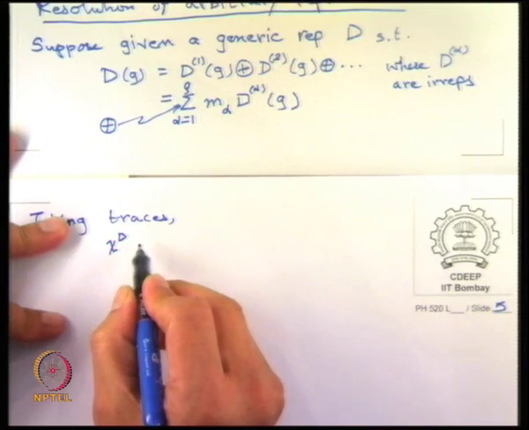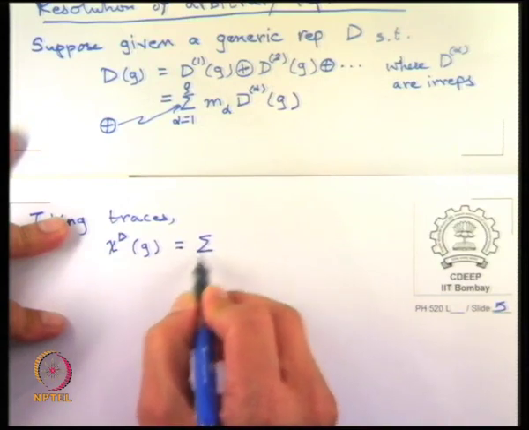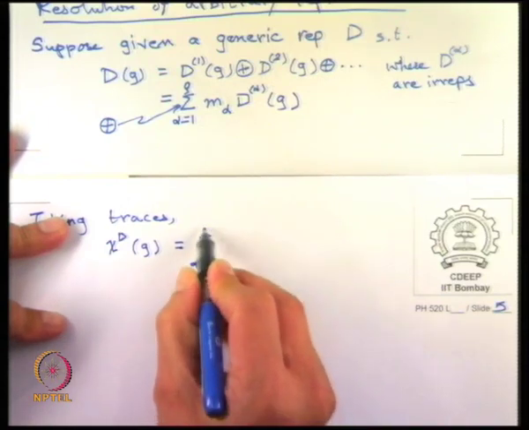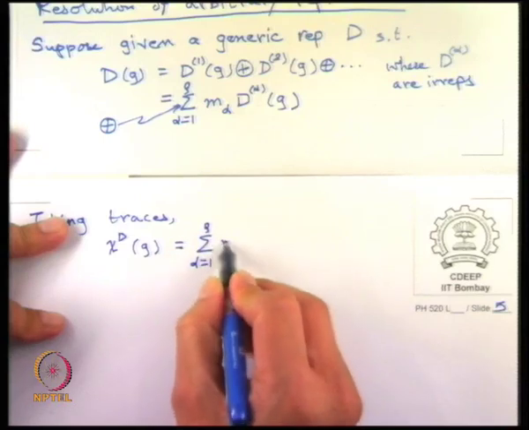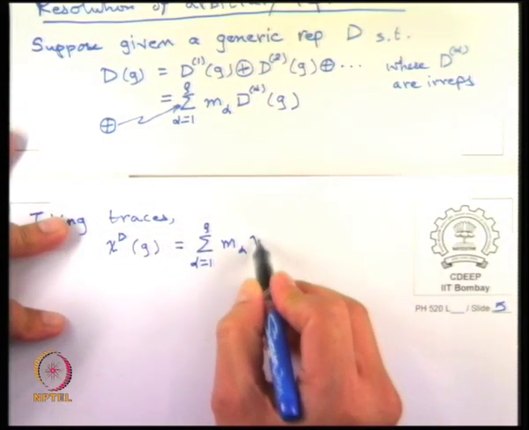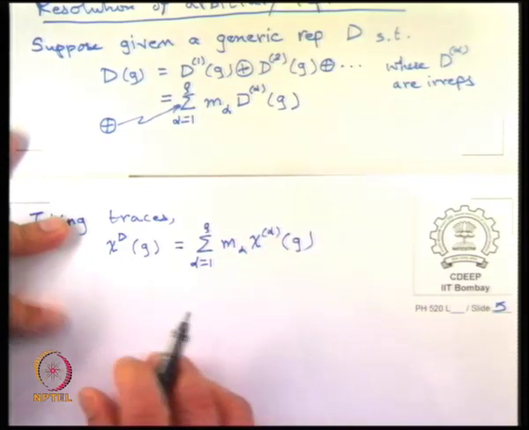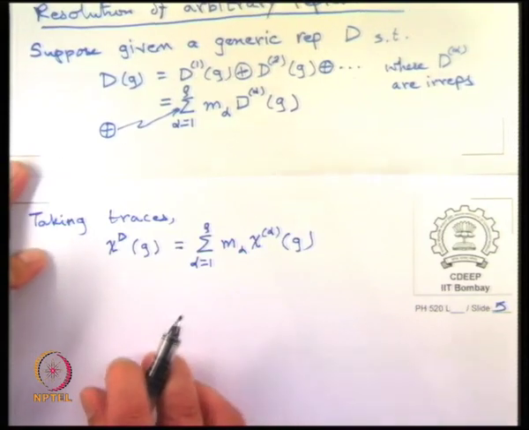So we say that this for any element G is going to be the summation over alpha equal to 1 to rho of m_alpha times the character in representation alpha of the element G.